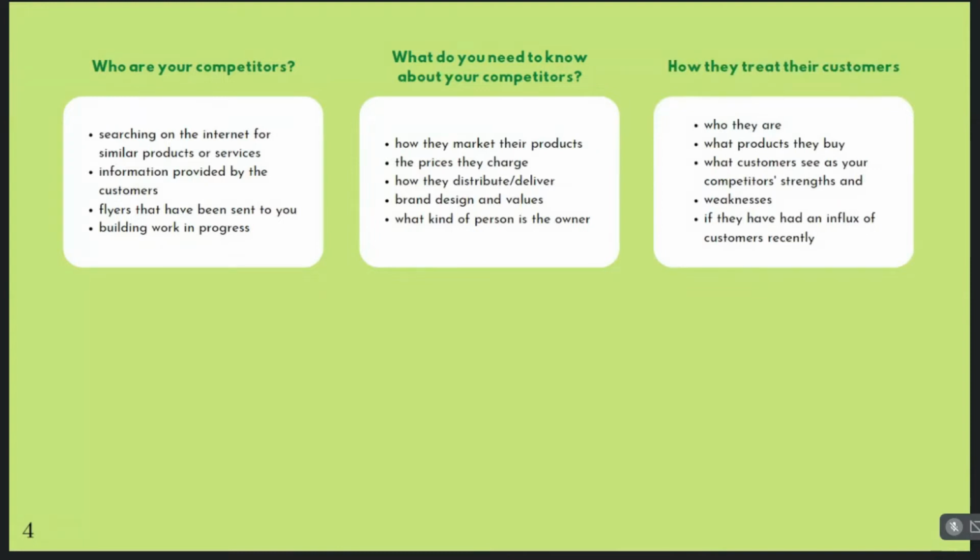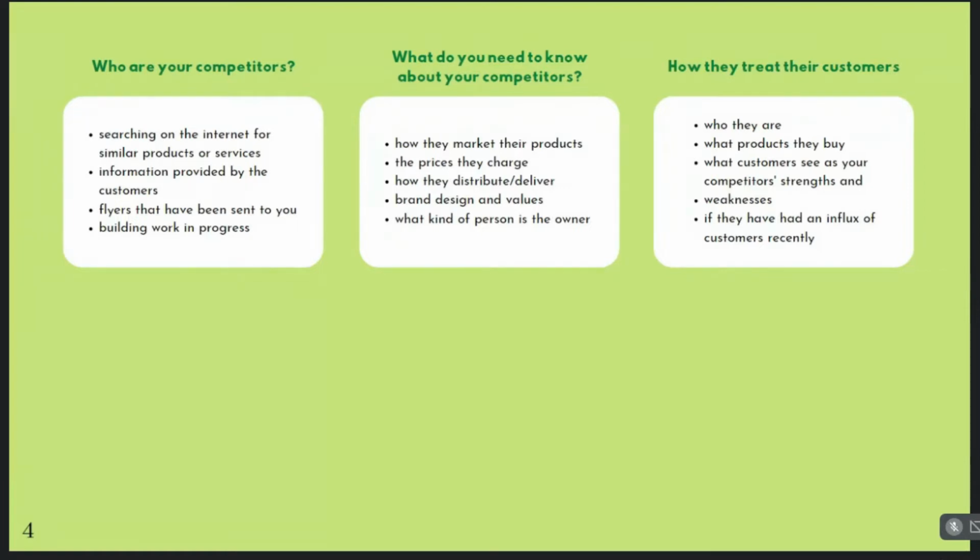Next, we also need to know how they treat their customers. We should know who they are, what products they buy, what customers see as our strengths and weaknesses, or if they have had an influx of customers recently. Knowing how they treat their customers is very important because that's one of the key aspects of a successful business.